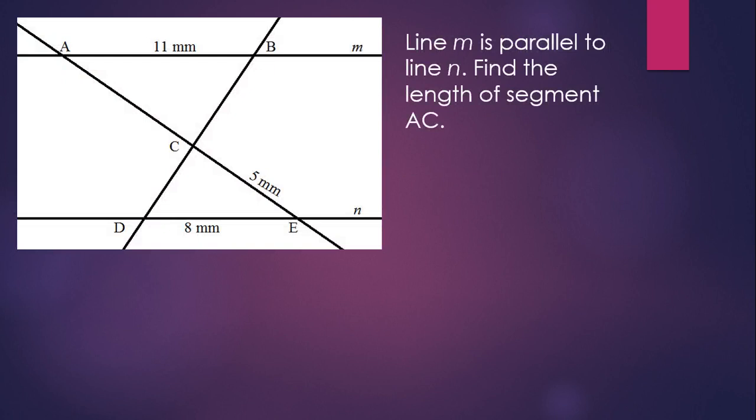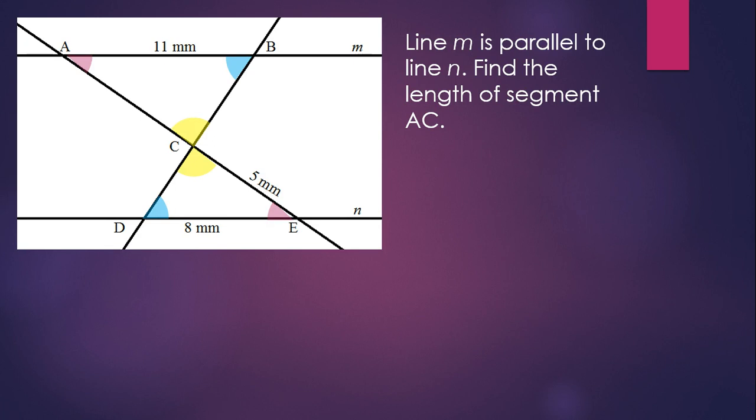Line M is parallel to line N. Find the length of segment AC. Now, since we have parallel lines in this picture, we have transversals that are creating congruent angles. So these two purple angles are congruent because they are alternate interior angles, and these two blue angles are also alternate interior angles.